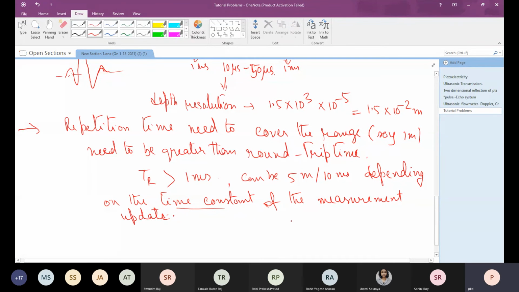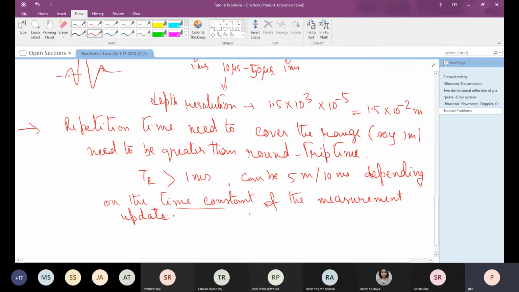So basically there would be launching time, which is negligible. If it is 1 megahertz, and we have 10 microseconds, so launching time is 10 microsecond.